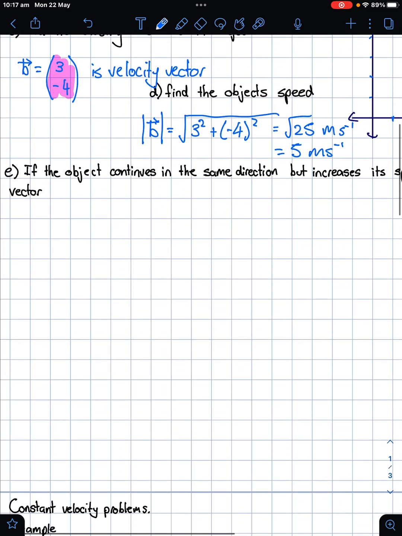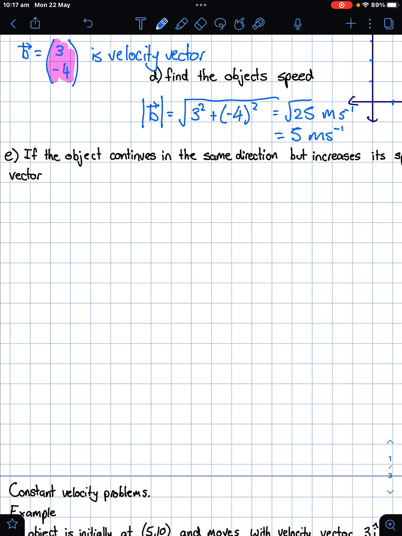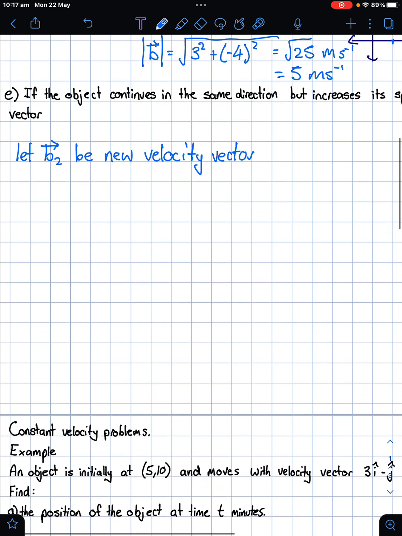If the object continues in the same direction but increases its speed to 30 meters per second, state its new velocity vector. So let B2 be the new velocity vector. B2 is going to equal 1 over... I'm just going to put a 1 there.